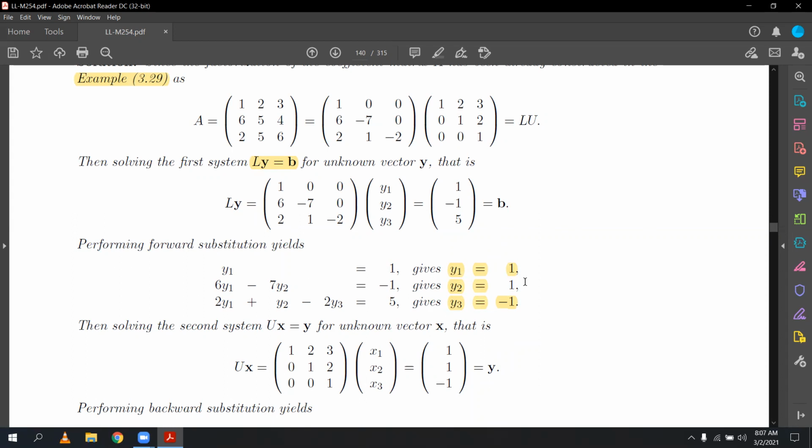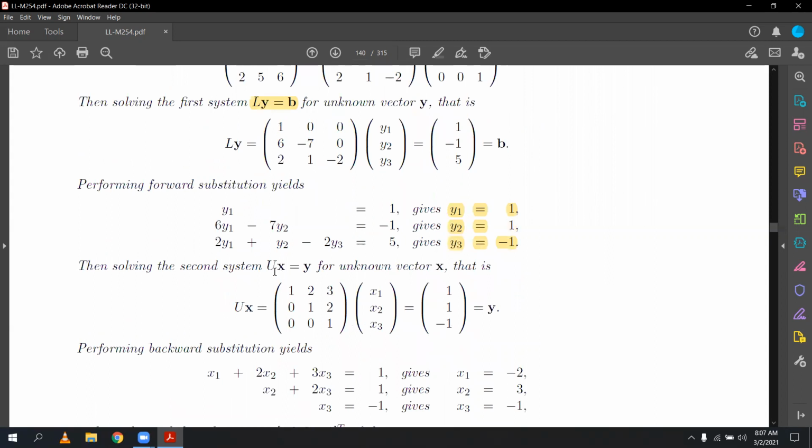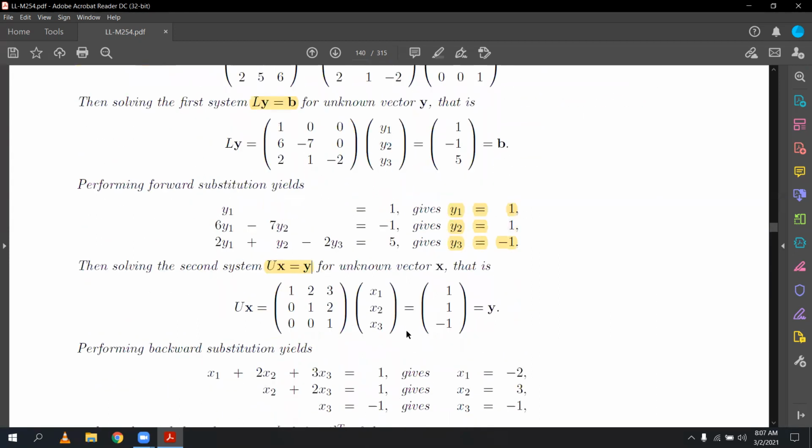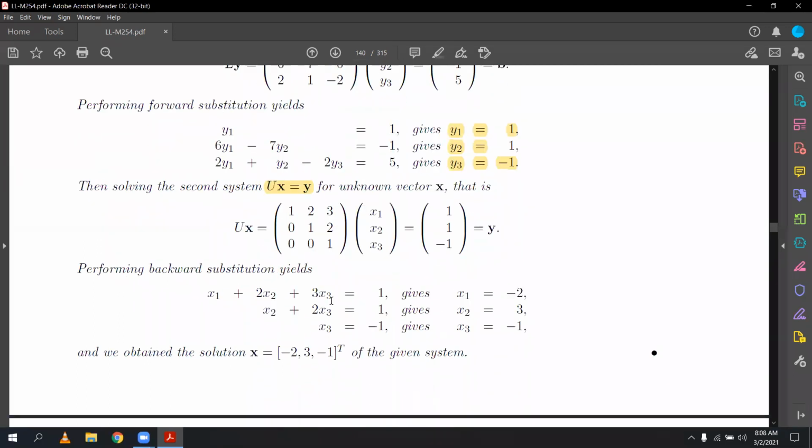And then we do the last step to find the solution of the linear system. That step is Ux equal to y. We already know U is this one, and y we just found: 1, 1, minus 1. Now you put it in system form. When you have an upper triangular matrix, always use backward substitution. When you have a lower one, always use forward substitution.